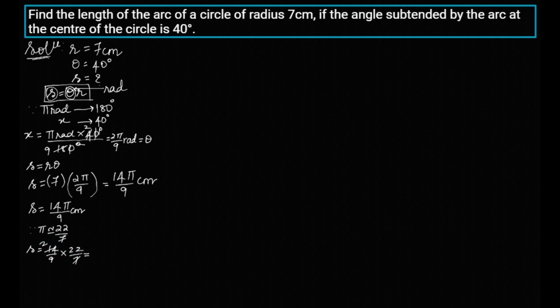So we get 44 by 9 centimeters, which is equal to 4.8889 centimeters. So therefore, the length of the arc is equal to 14 pi by 9 centimeters, which is approximately equal to 4.8889 centimeters.